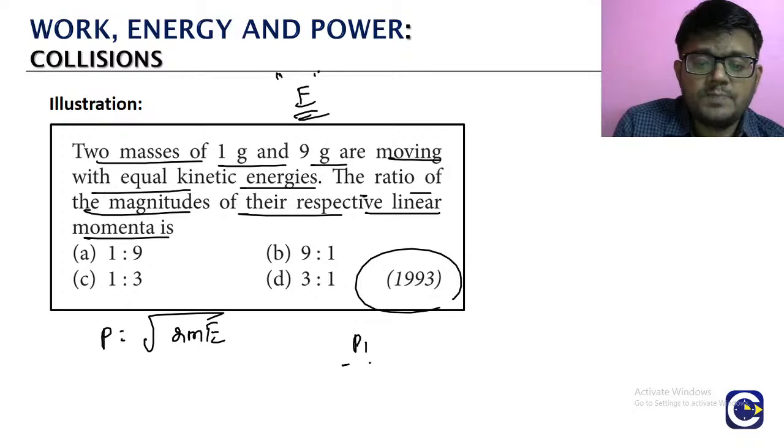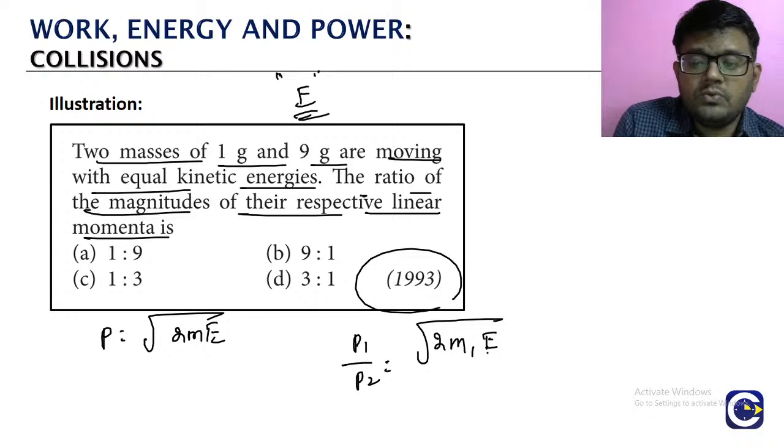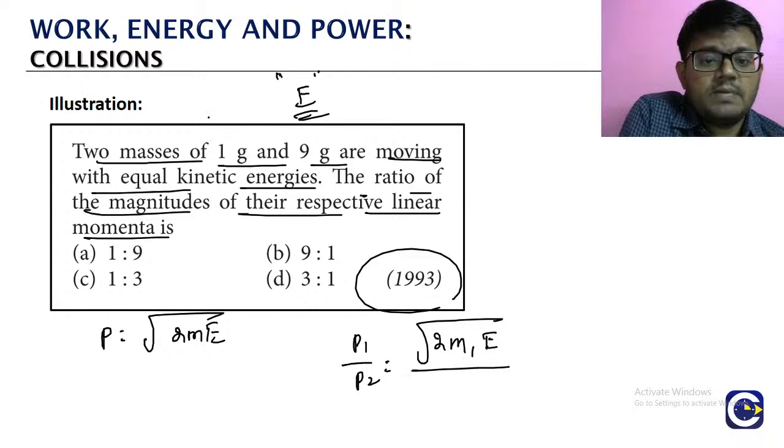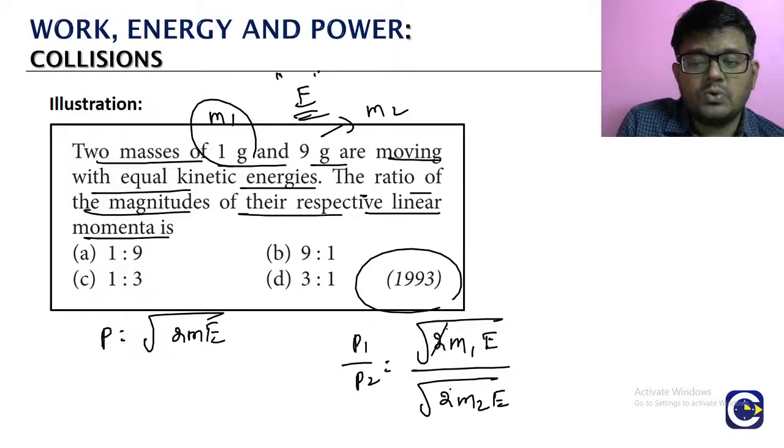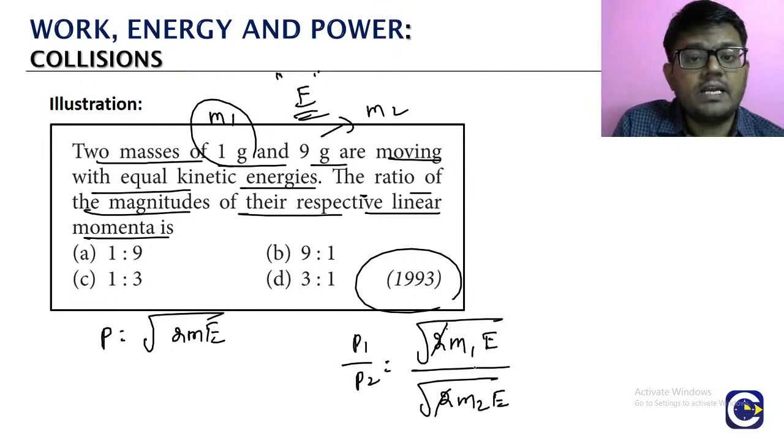So p1 by p2 is root of 2 m1 E divided by root of 2 m2 E, where the first object's mass is 1 gram, call it m1, and the second is m2. Here root 2 cancels. We should not make a mistake: sometimes people do this casual mistake of just cancelling the roots top and bottom to get the answer.